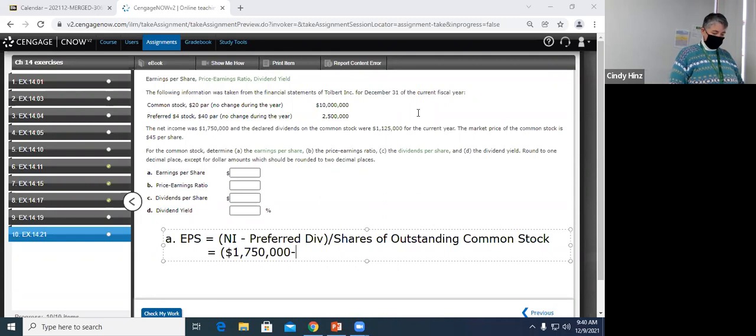And it's $4 per share, for a total of $250,000 in preferred dividends. I'm going to say that one more time. The preferred dividend is $4 per share, and there are 62,500 shares. So that's $250,000 that were paid out as preferred dividends.